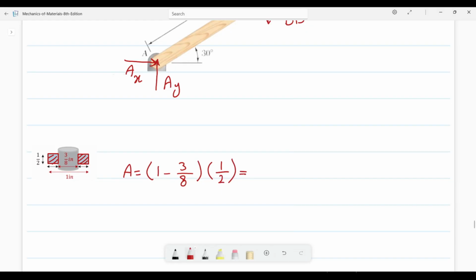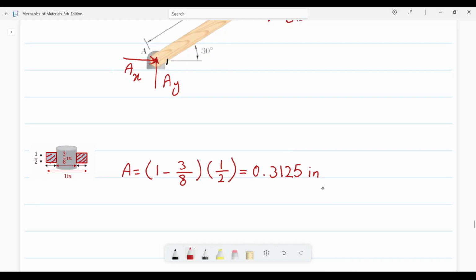It's equal to 0.3125 square inch. The area is exactly like the cross-section area we solved in one of the previous problems.